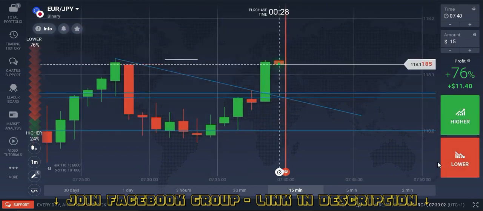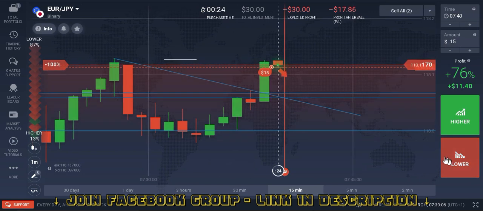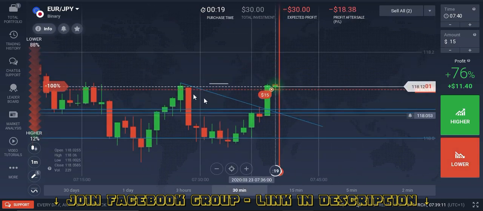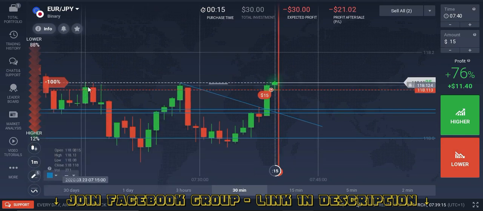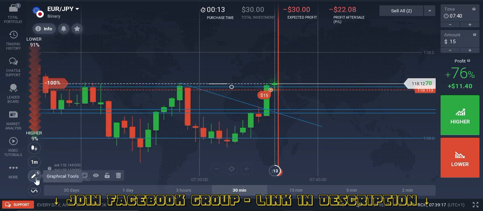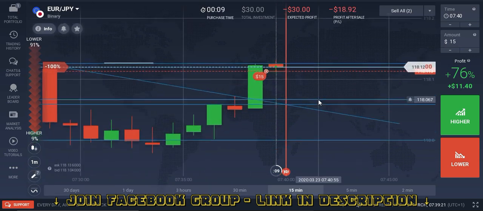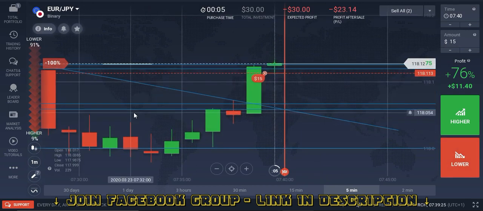So I'll go for one step martingale as lower. Let's see what will happen on this candle, as we are in the resistance area. So it's a simple trade, you can see. So the best entry will be on the top. I go again.